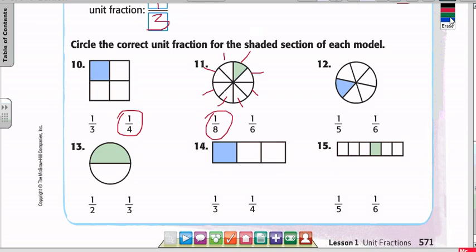Number 12. 1/6, because there's 6 sections or 6 equal parts and 1 shaded in. Number 13. It's 1/2. And number 14. 1/3. No, there's 3 sections, so it's 1/3. Number 15. 1/6.